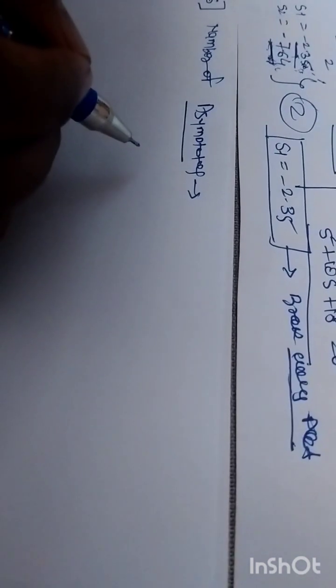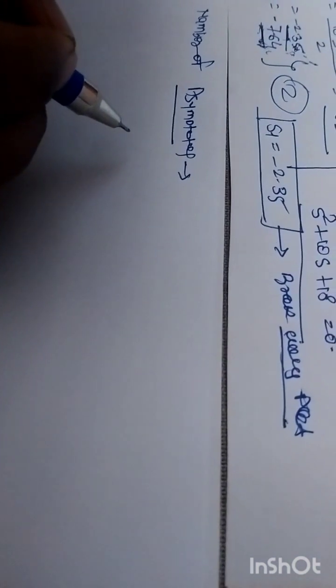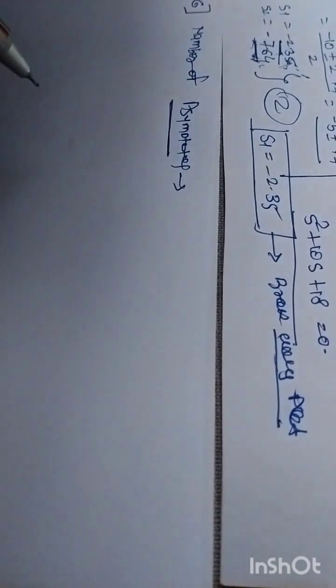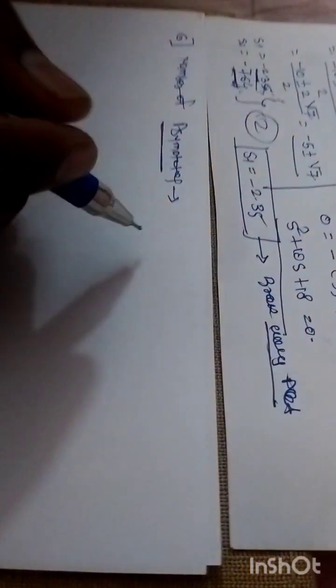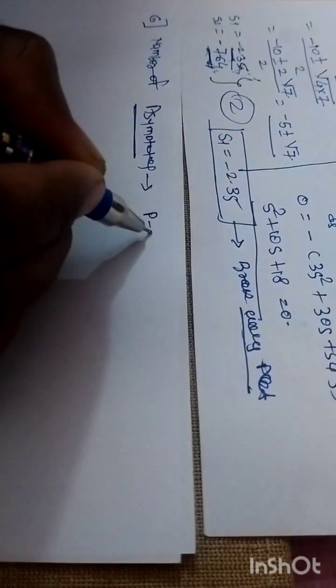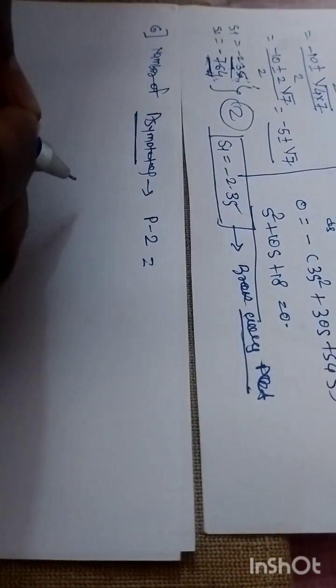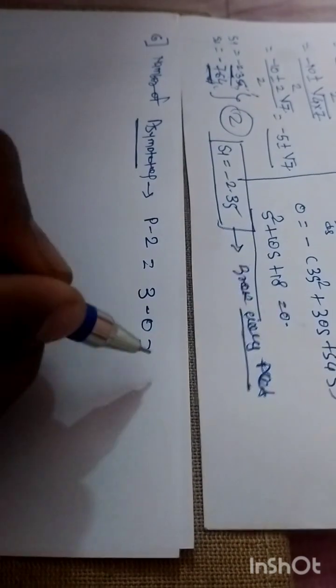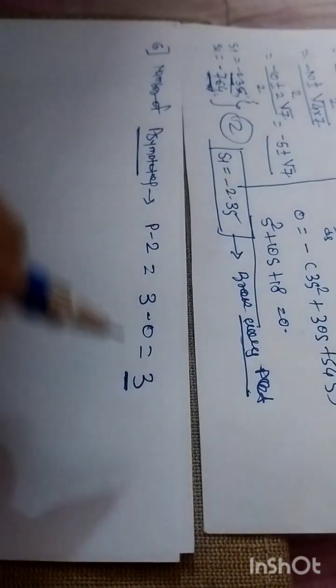Basically, asymptote is the tangent which is present at infinite value. So number of asymptotes equals number of poles minus number of zeros, P minus Z. As we have 3 poles and we don't have any zeros, number of asymptotes equals 3, right?